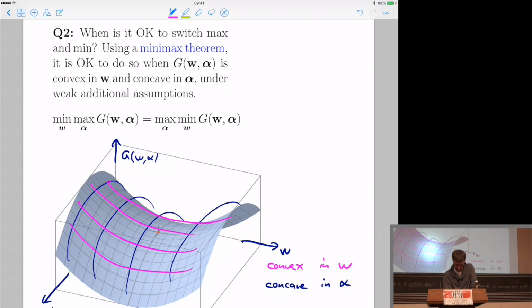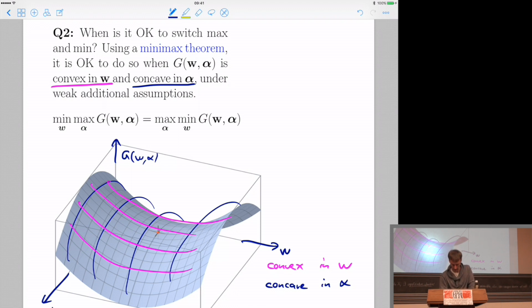So, okay, we said this G is convex in W, and we said it's concave in alpha, fine. We're not going to prove this, we don't specialize this far here, but you can believe that if this assumption holds, and if you have very weak additional assumptions, then you're allowed to do this switch.